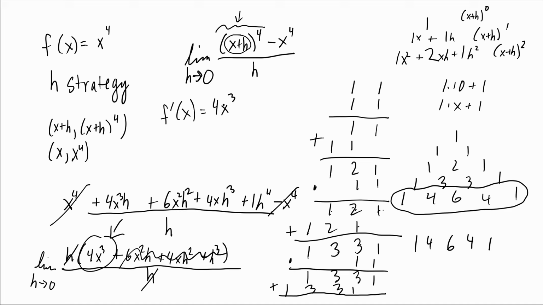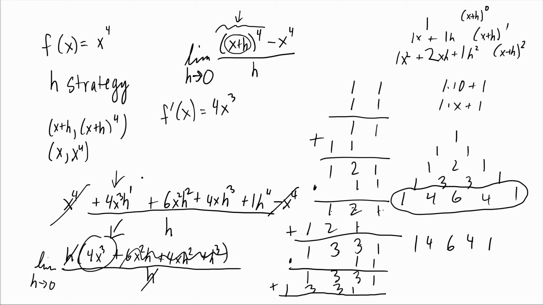Now, we could have realized that something like this would be happening, that really the only thing in the binomial expansion, or in this line, that'll actually survive and only have one power of h in it is right here.